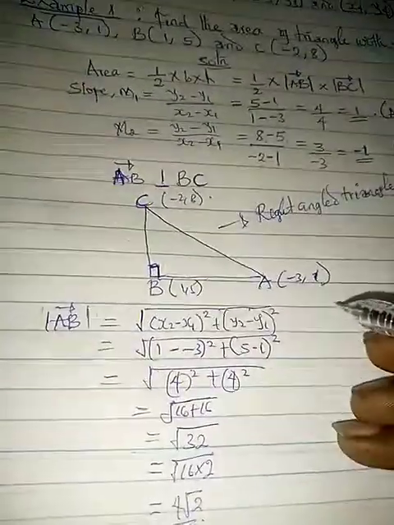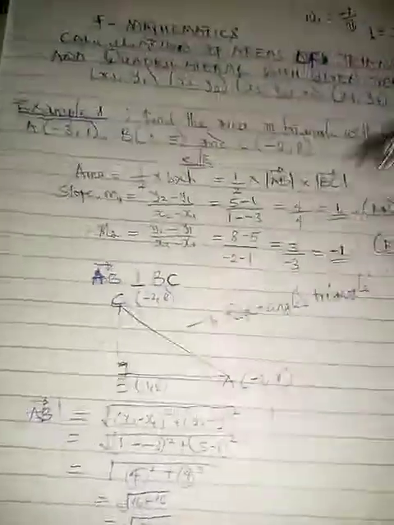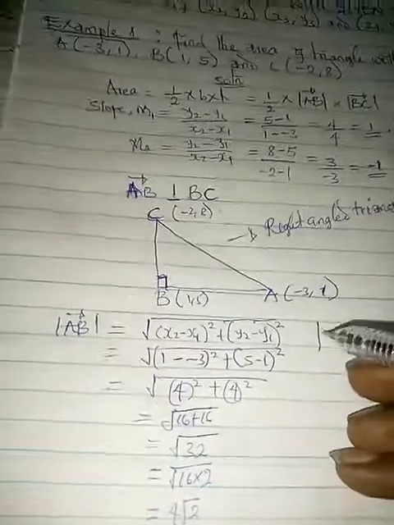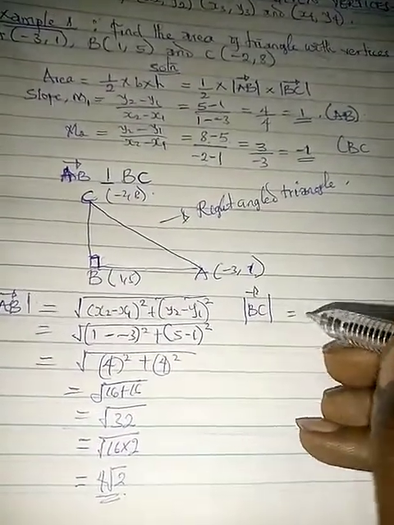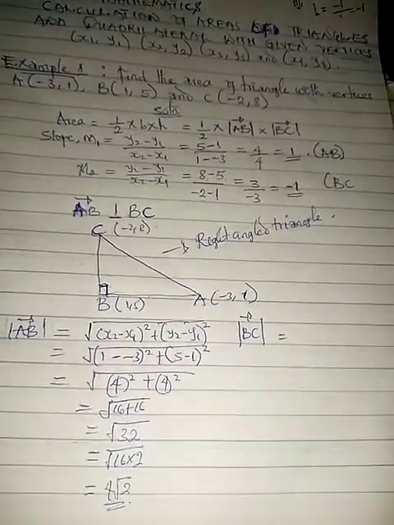So same thing with length BC, what is the formula? You can see. So to find length BC, the same thing is applicable. So to find length BC, you still make use of the same formula.